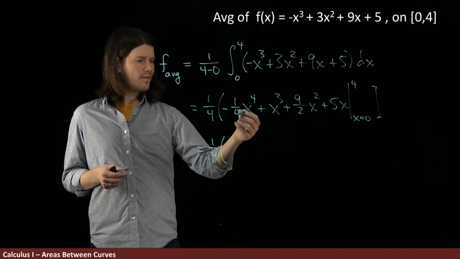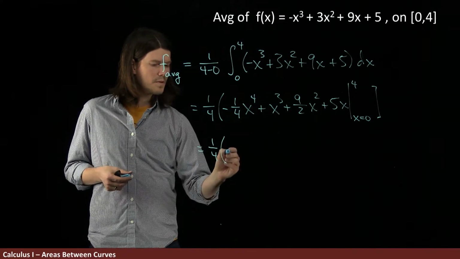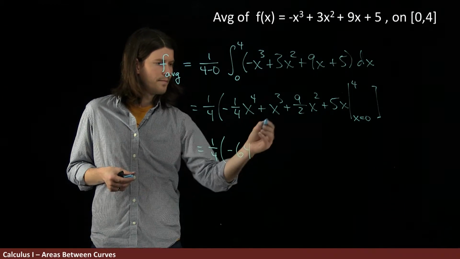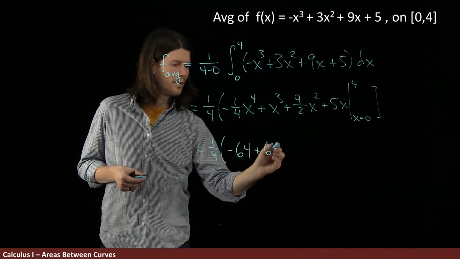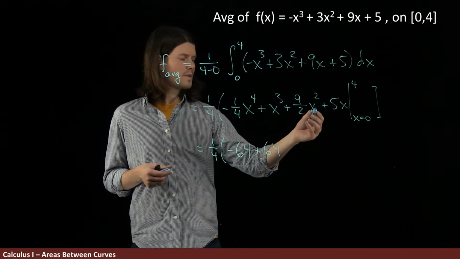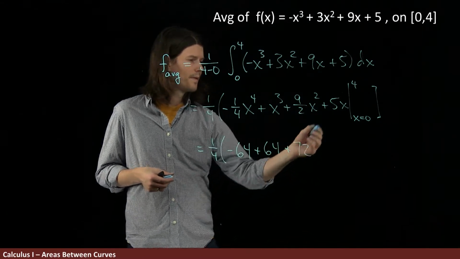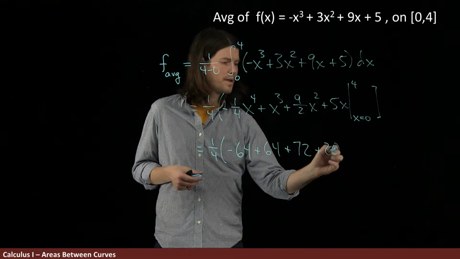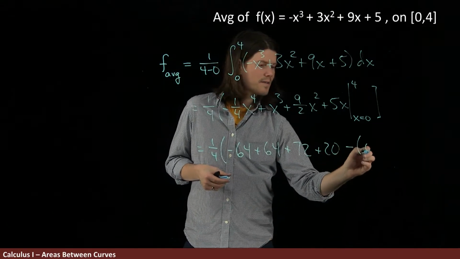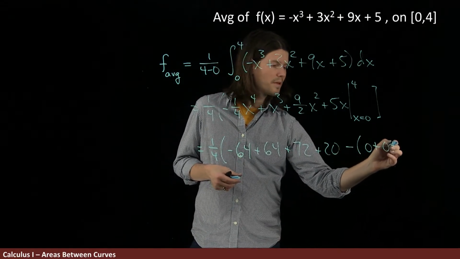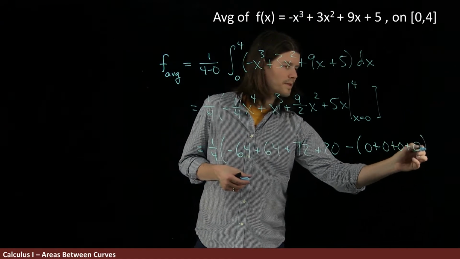Well, 4 to the 4th divided by 4 is just 4 cubed, so I've got negative 64 plus 64. 4 squared is 16, divided by 2 is 8, times 9 is 72, plus 20, minus 0 plus 0 plus 0 plus 0.